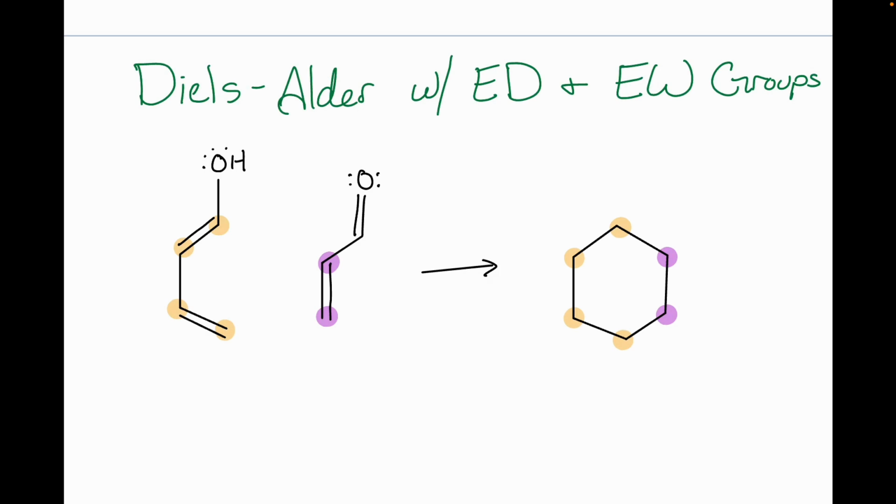So first, I'm going to move that double bond between carbons 2 and 3. And now I just need to put on everything that's missing here. I have this OH group sticking out off of the top. And I have this extra carbonyl carbon with its carbonyl oxygen right here.